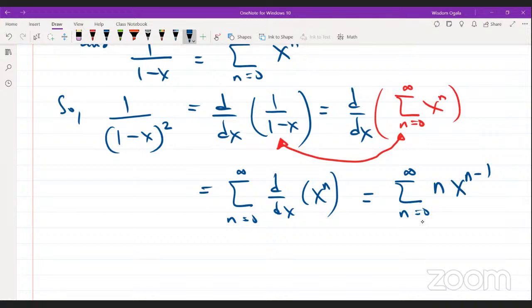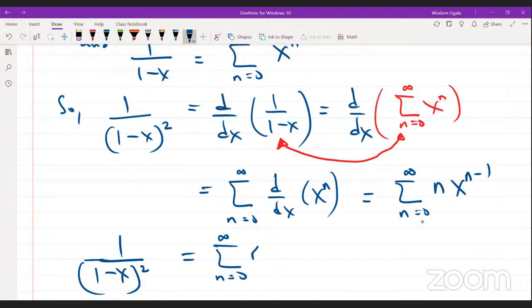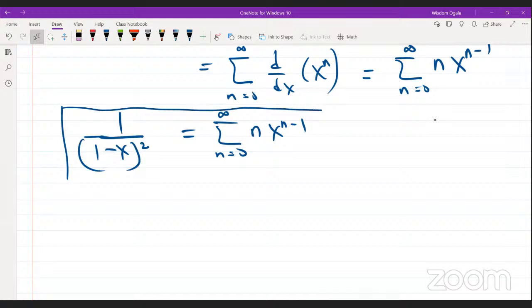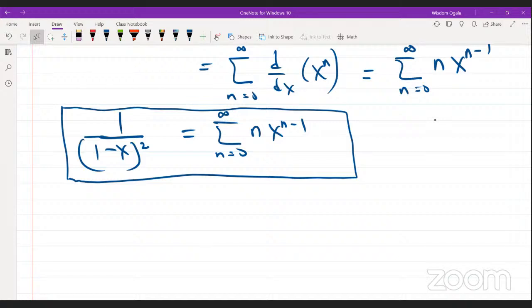So in conclusion, 1 over 1 minus x all squared is equal to the sum of n x to the n minus 1.